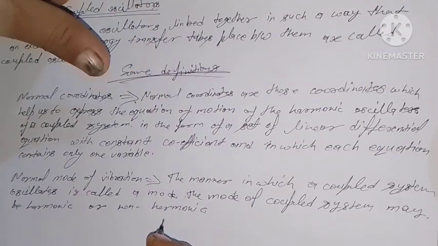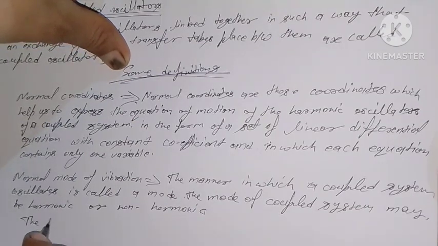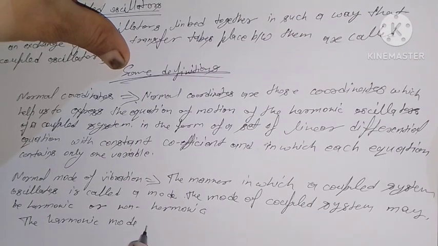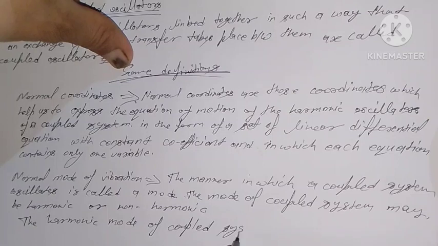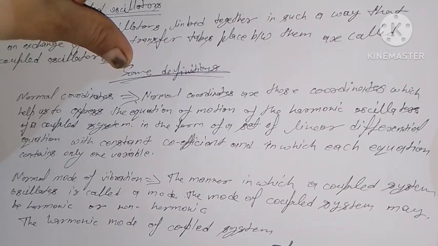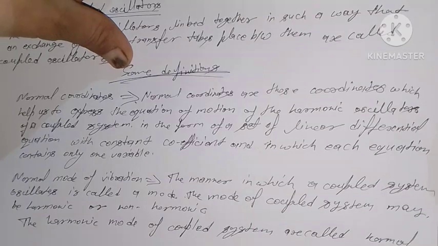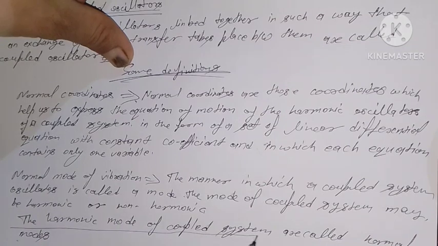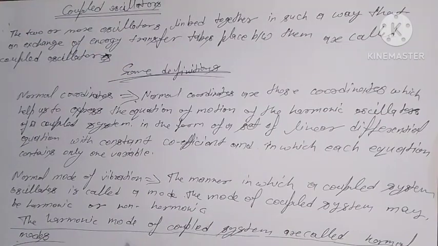The harmonic modes of a coupled system are called normal modes.